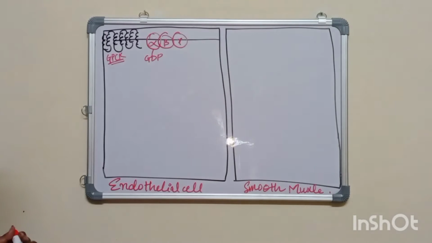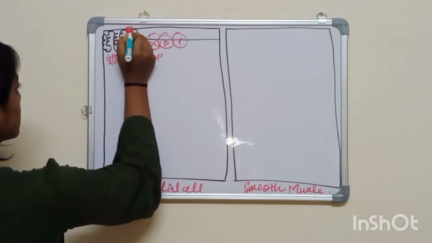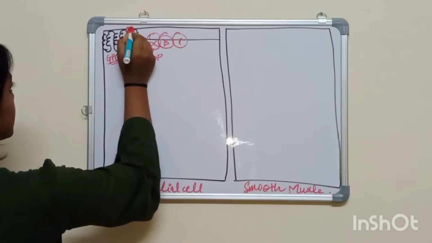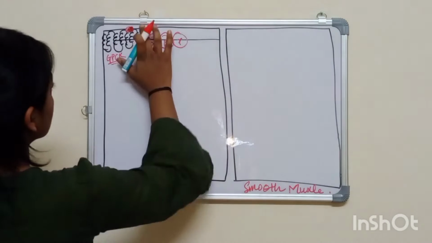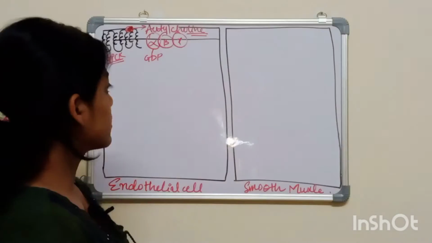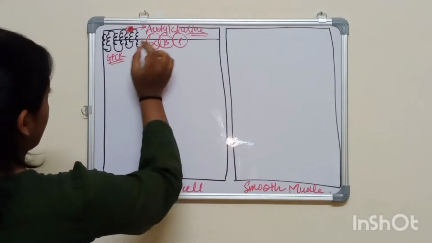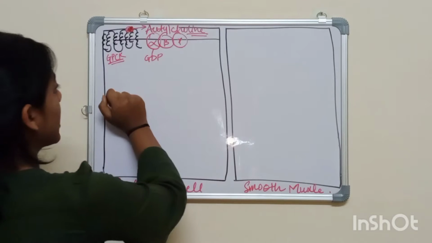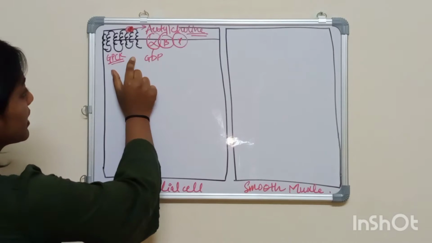When a ligand comes and binds to the receptor, this ligand is acetylcholine, the GPCR becomes active.